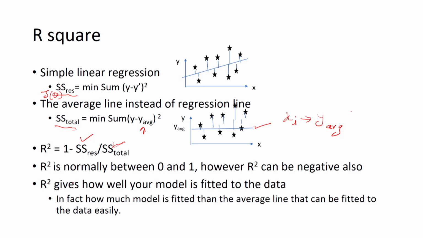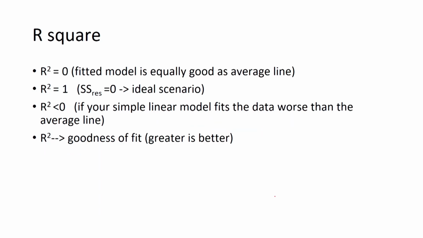So, now you can see R square helps you find how well your model is fitted to the data. If R square is close to 1, then SS residual is close to 0, which means your model is well fitted. If it is close to 0, then SS residual is a large value, so your model is not a good model.